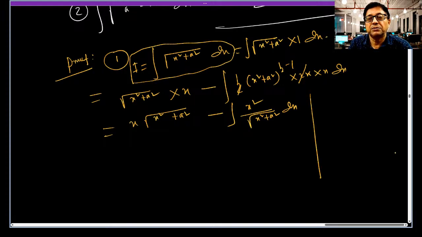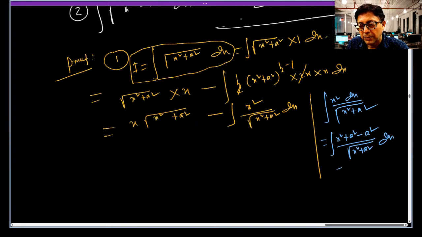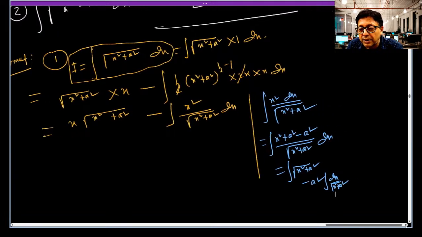Why? I am just showing you here. Integration x squared dx by, what will you get here? So this by this is root over a square dx by root over x square plus a square.